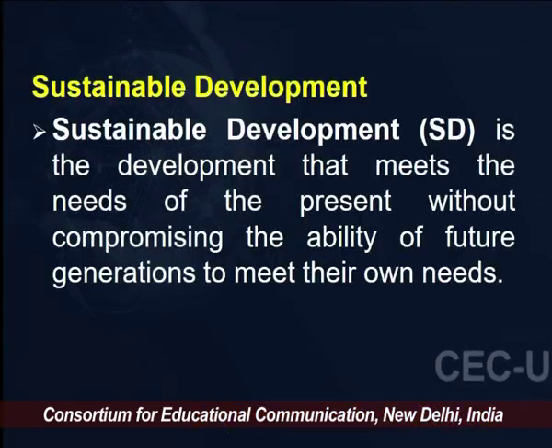One of the ways of doing that is sustainable development and another is environmental management. So, we have discussed sustainable development and environmental management in our last lecture. So, what we have studied is that sustainable development is the development that meets the needs of the present without compromising the ability of future generations to meet their own needs.